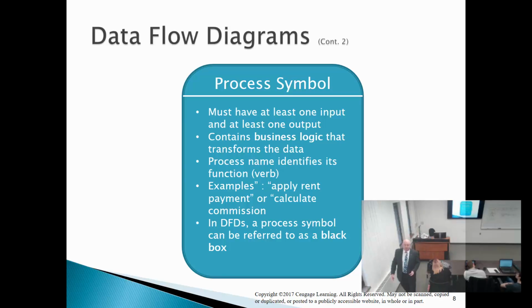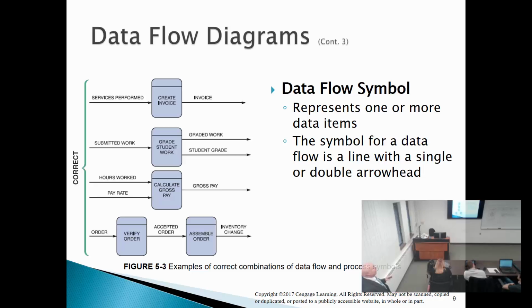Okay, so a DFD process symbol sometimes is referred to as the black box. It magically does something, but we don't know what that is necessarily just by looking at the process. We hope that the name gives us a good idea of what it's supposed to do, but it doesn't really tell us how it does that.